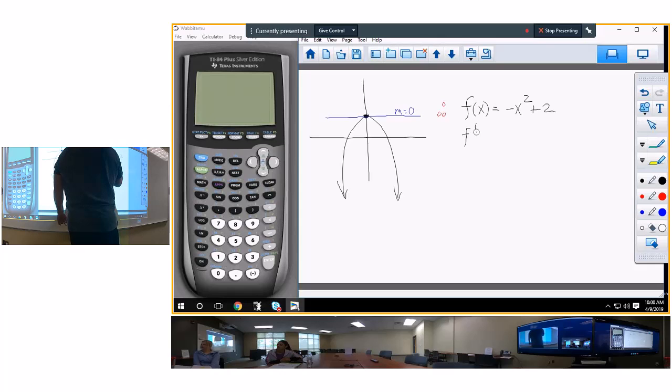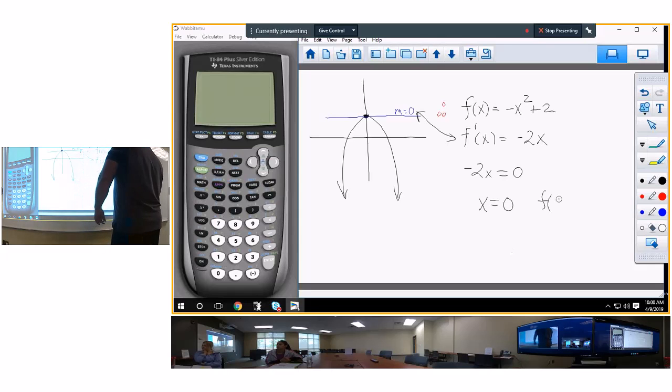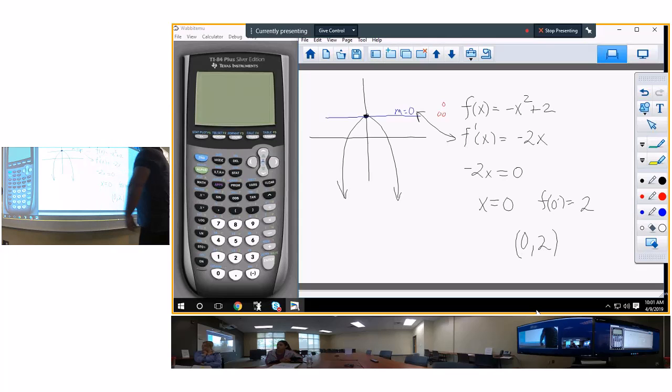F prime of x is equal to negative 2x. So we're going to take these two and set them equal to each other. Negative 2x is equal to 0. X is equal to 0. Plug back in f of 0. F of 0 is equal to 2. 0, 2 is our vertex.